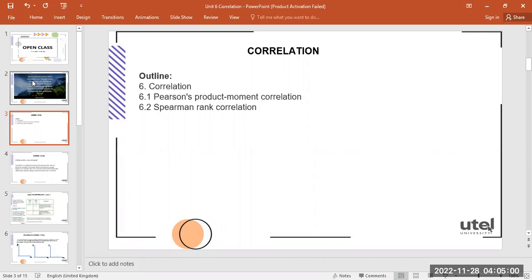We shall also talk about linear regression, and we shall also see how you can do all these calculations for the Pearson product moment and the Spearman's rank correlation coefficient.